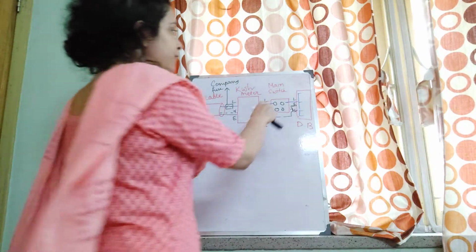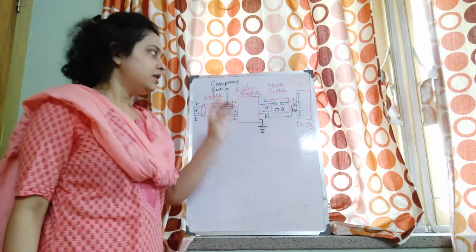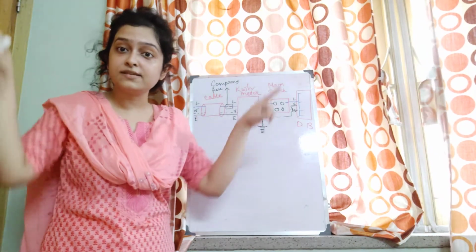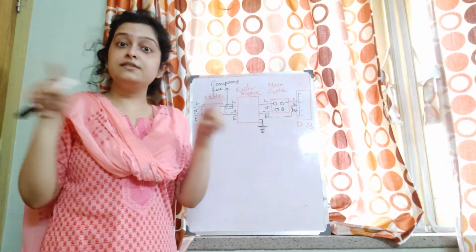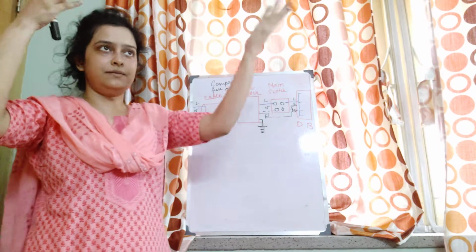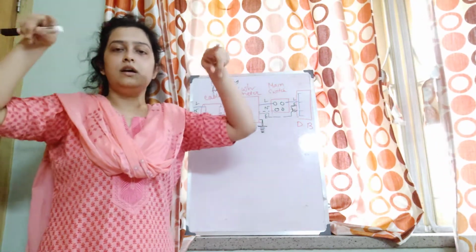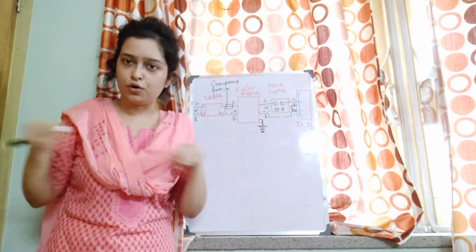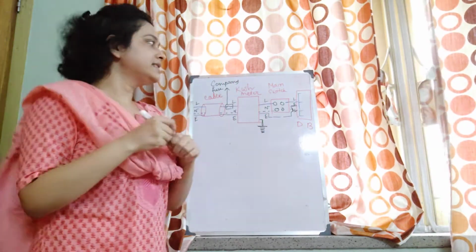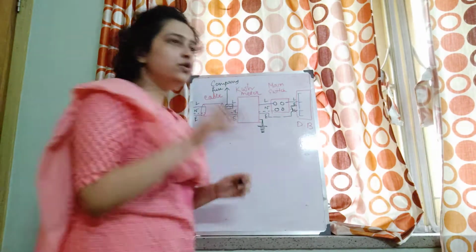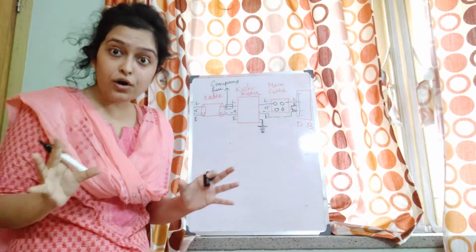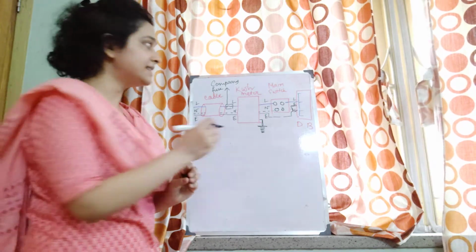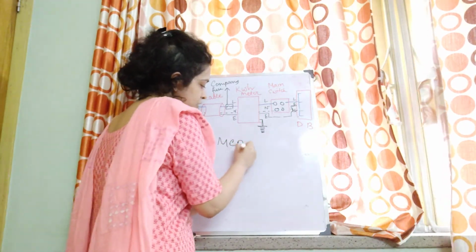Now, from the main switch, the connections run to the distribution box in your house. In my house I have the board in one of the living rooms. I have this distribution box board where you will find many fuses, or we use a substitute for fuse nowadays known as MCB.